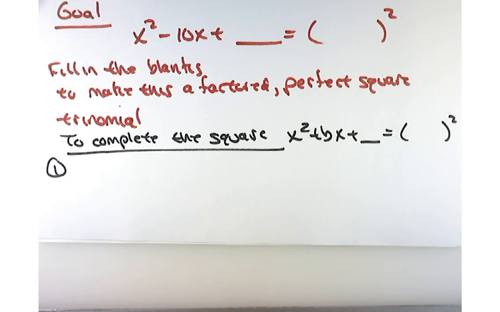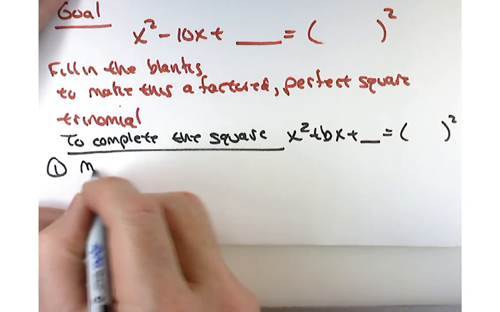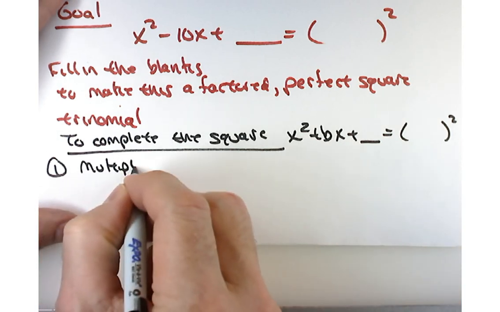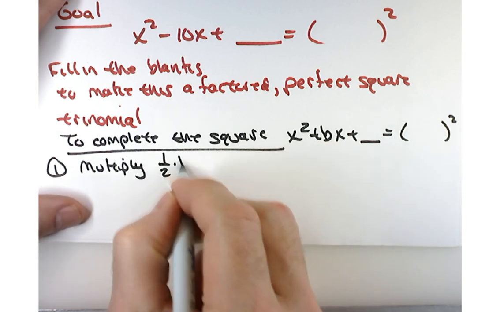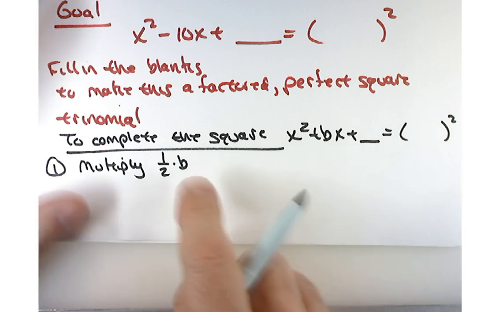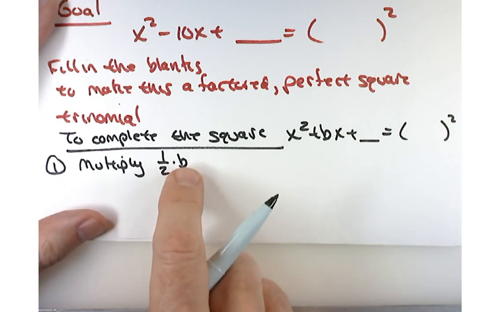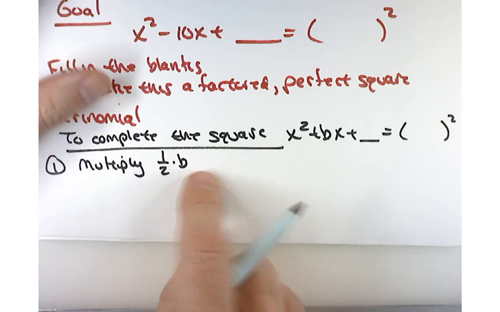The first thing that you're going to do is multiply b by 1/2. 1/2 times b. Now I know there's a temptation with a lot of you to just divide by 2. It's the same thing, and there's nothing wrong with that. It's just that when it comes time to working with fractions for b, it's easier to multiply by 1/2 than it is to divide by 2.